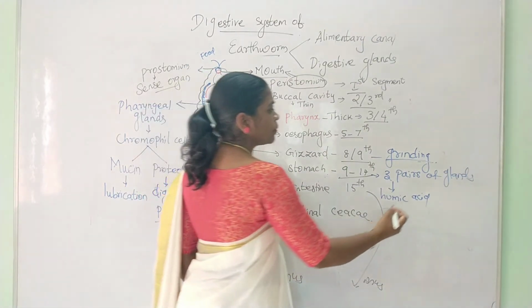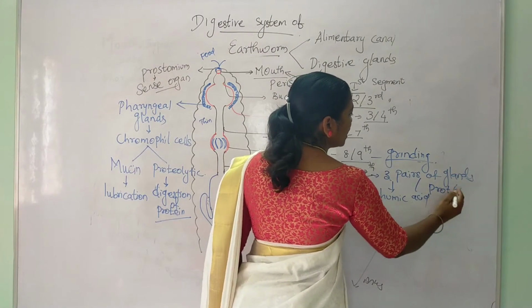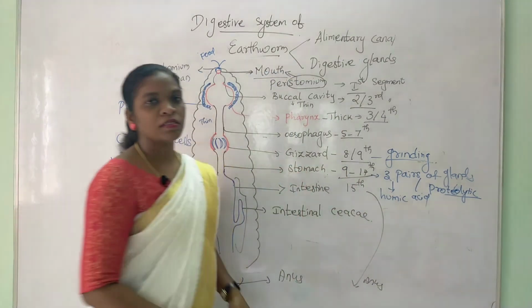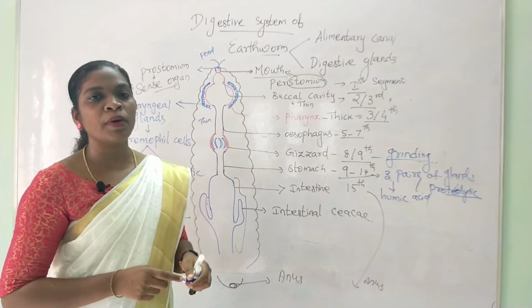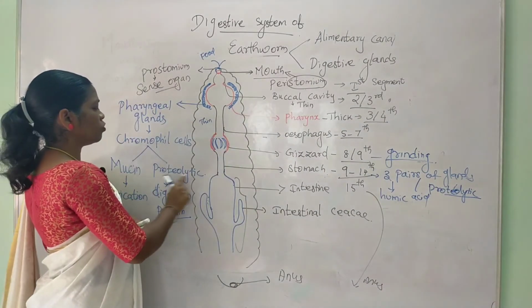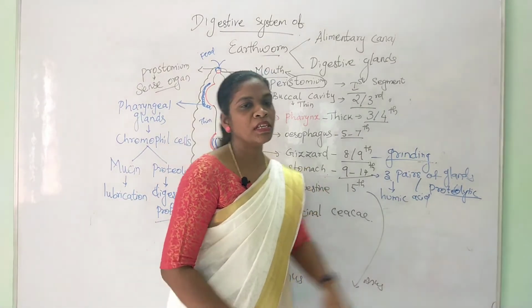The stomach also produces one more substance known as proteolytic enzyme. This proteolytic enzyme is involved in digestion of protein substances. Protein substances are digested by the proteolytic enzyme released by the pharyngeal glands, as I told you already, and also by the stomach.